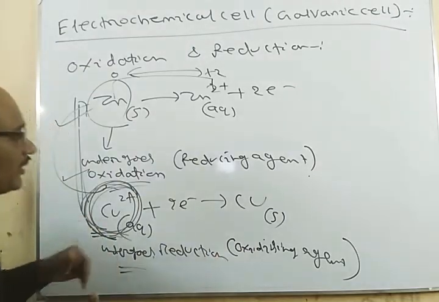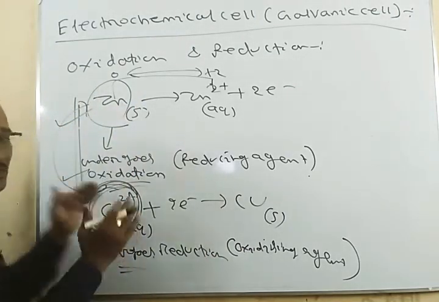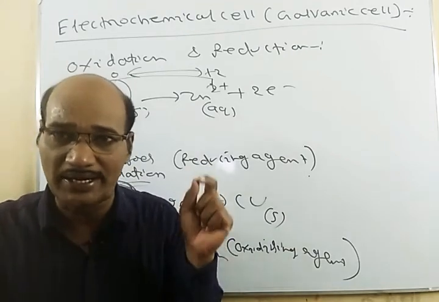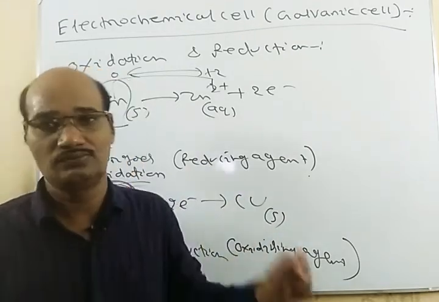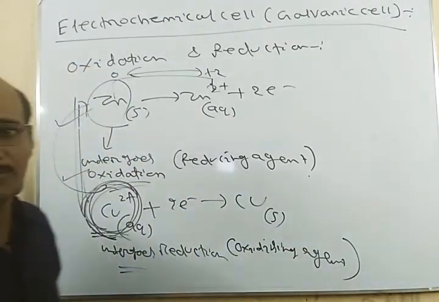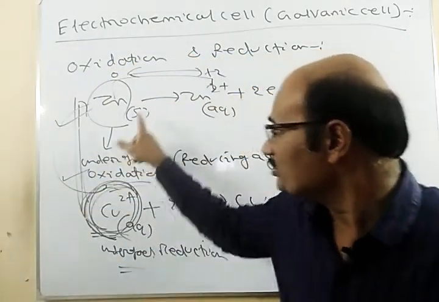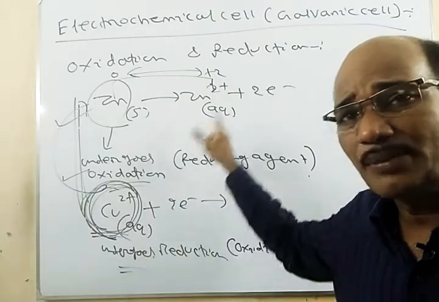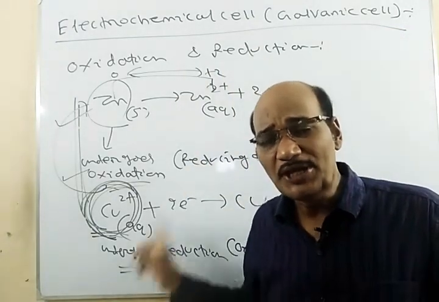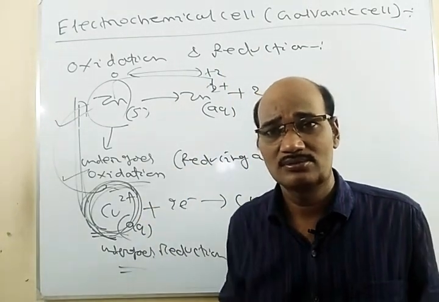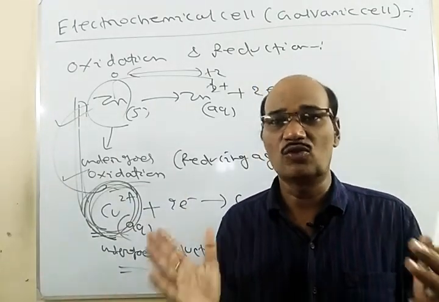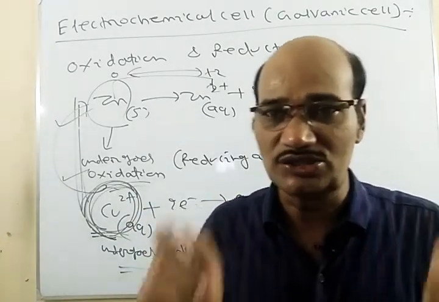And when we do this reaction separately in different vessels, that is called indirect oxidation reduction. So these oxidation and reduction always take place simultaneously, and if we do this in separate vessels, that is called indirect oxidation and reduction.